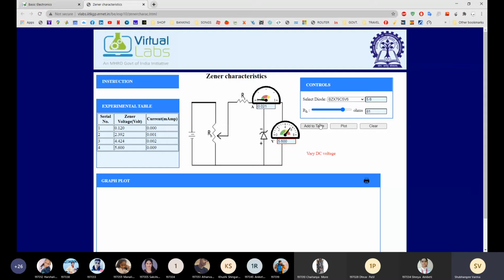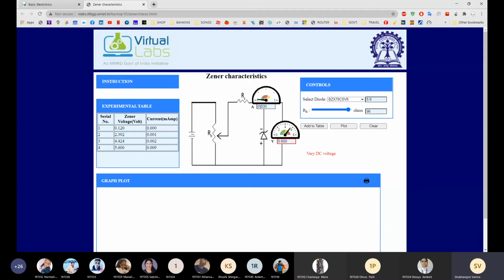Go to 90, and again the current is increased, 0.07, and then go to 100. Last value is 96. See, the current is increasing. Once the Zener diode reaches 5.6, which is your Zener voltage, after that the voltage remains constant and the current increases.